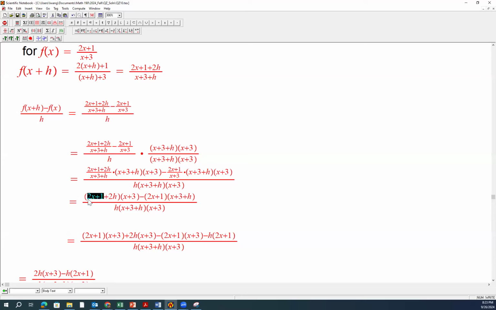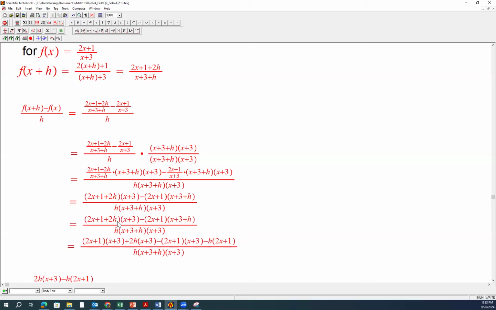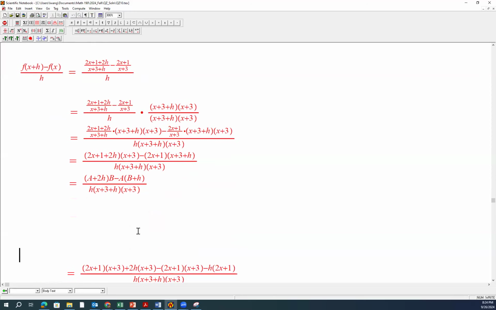I'm going to treat 2x plus 1 as one entity. I'm going to show you a little picture so you can see what I'm doing here. I'm going to call 2x plus 1 capital A. That's my capital A. x plus 3, I'm going to call capital B. So this should be on scratch paper.